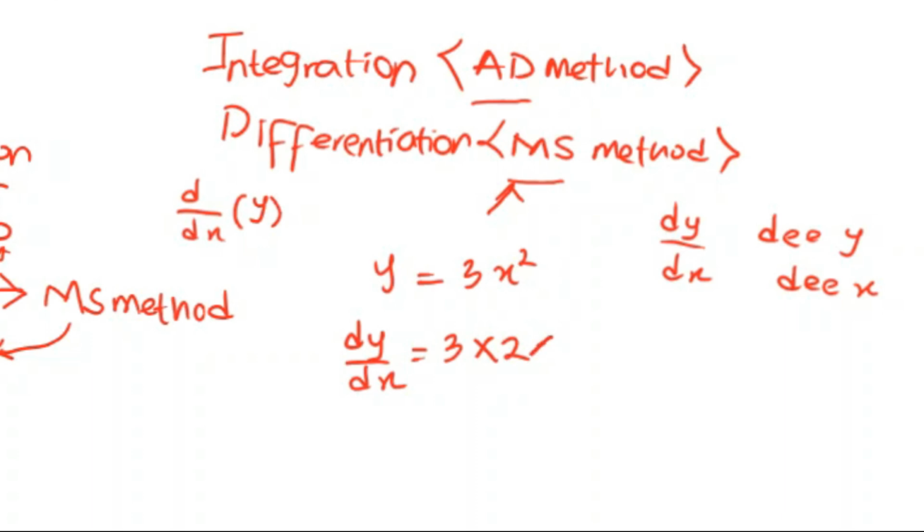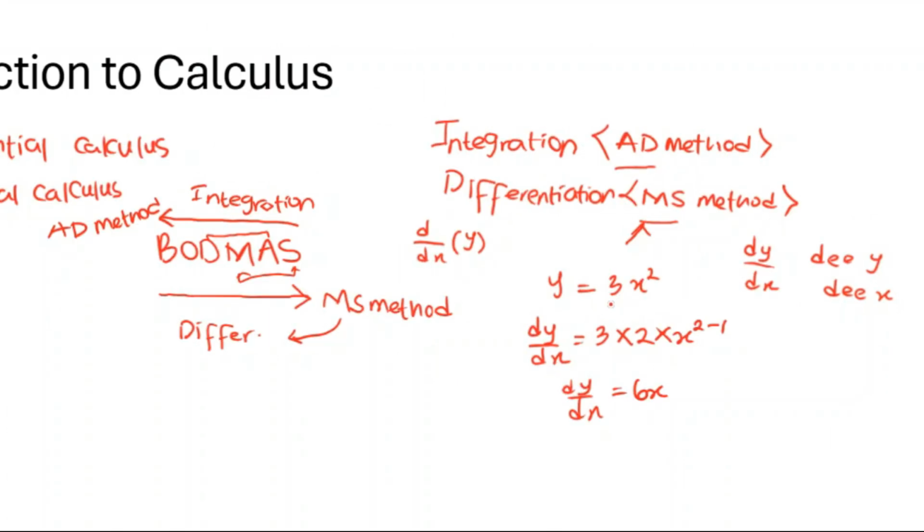So this will be 3 times 2, times x raised to the power 2 minus 1. So here, our dy/dx is going to give us 6x, because 2 minus 1 gives us 1. It means that when we differentiate 3x squared, we get 6x.